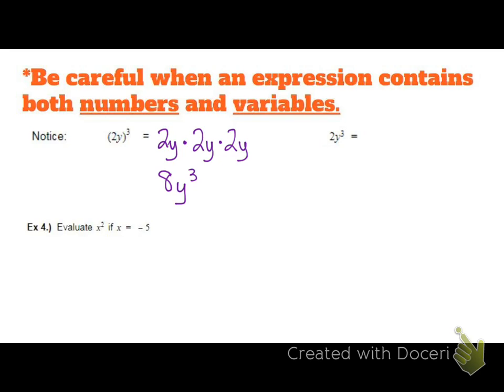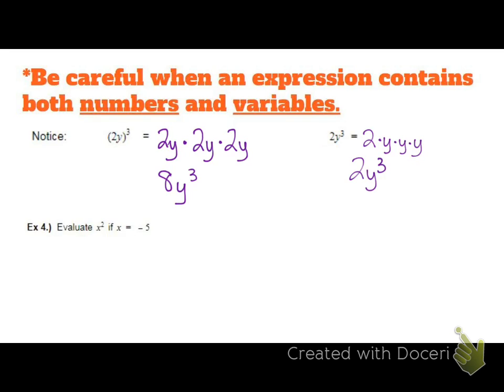Versus 2y cubed is different. Here we don't have the parentheses, so that means that the 3, the exponent, only belongs to the y. So this would just be 2 times y times y times y, which just goes back to being what it began out with, 2y cubed.